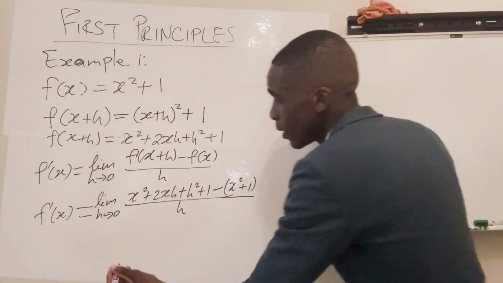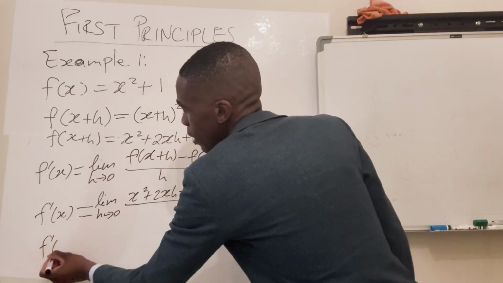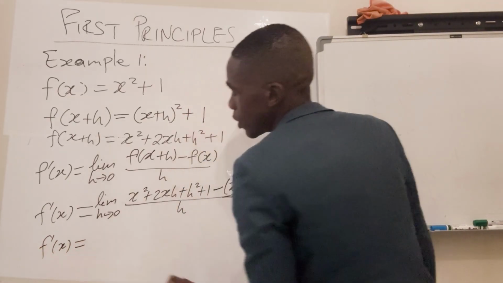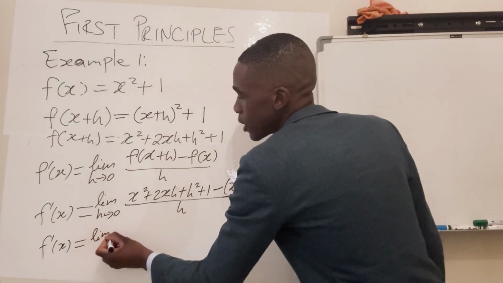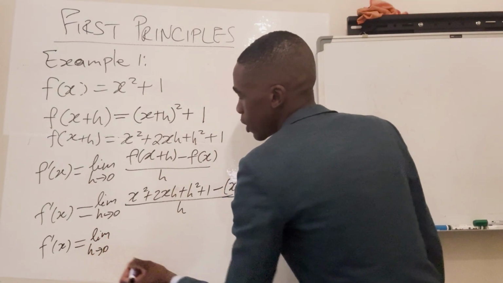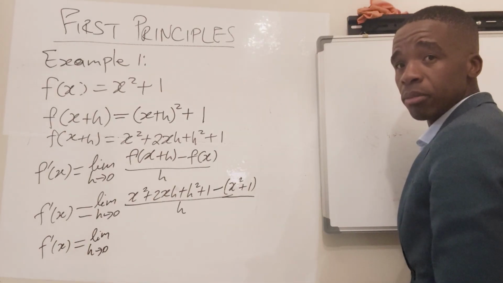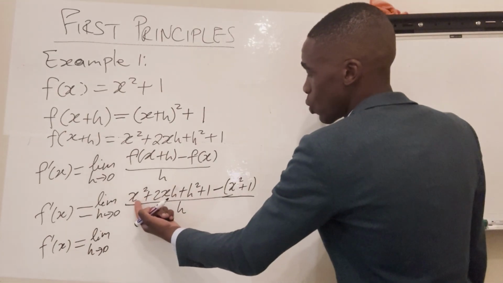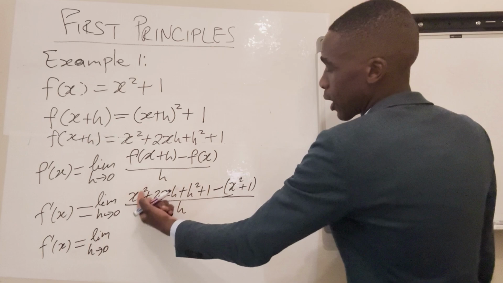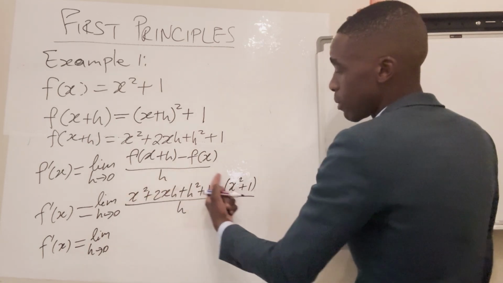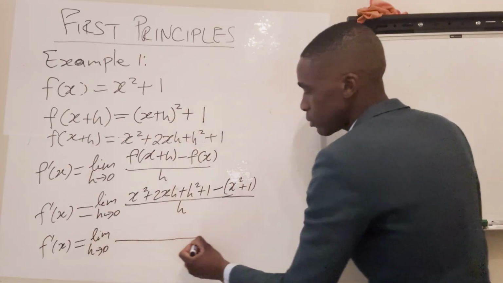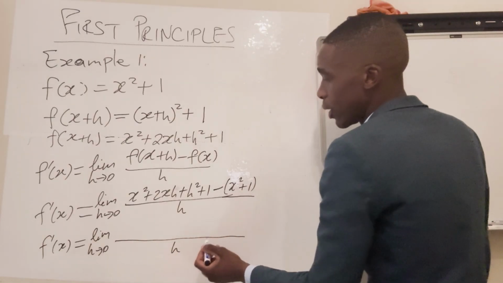Let's go further. That is f prime of x is equal to, ladies and gentlemen, the limit as h approaches 0. Believe you me, that x squared is going to subtract the x squared because that negative has an effect. So x squared minus x squared is 0, that goes away.